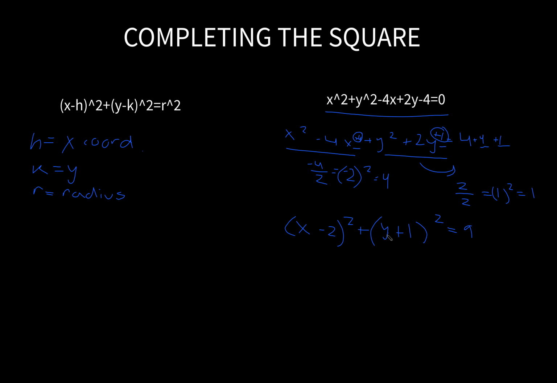And now you'll notice that the equation looks very similar to the circle equation here. As you can see, we have our x coordinate, which is going to be 2. You have to remember that it is made negative. So if the constant appears negative in the equation, the center of the circle will still be positive. And it's vice versa here.